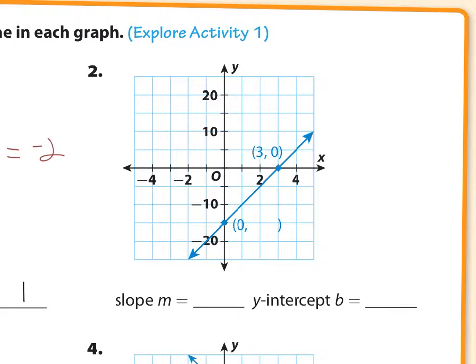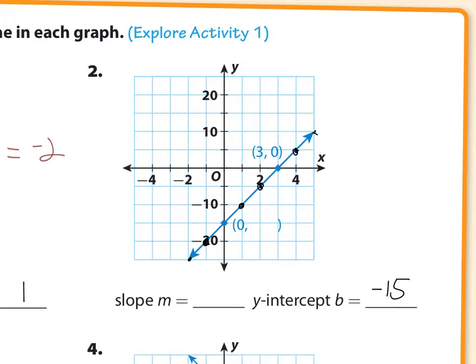Number 2 is going to try to confuse you because of the numbers on the y-axis. Don't let it. What is my y-intercept? Good. They're counting up by 5s, right? So the y-intercept is negative 15. Now, again, all of these are good points to use. So how much is it going up?